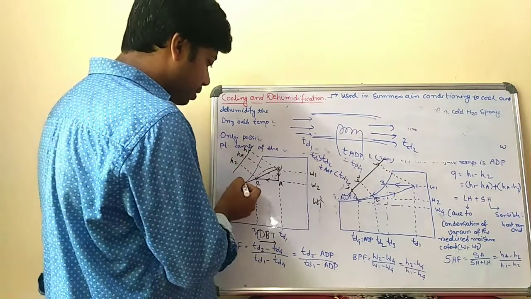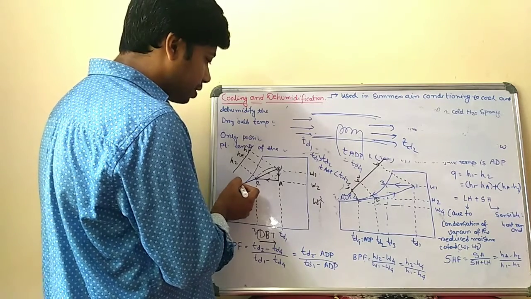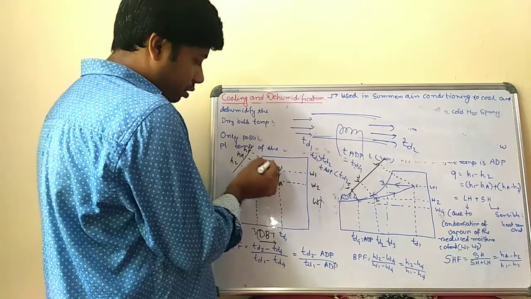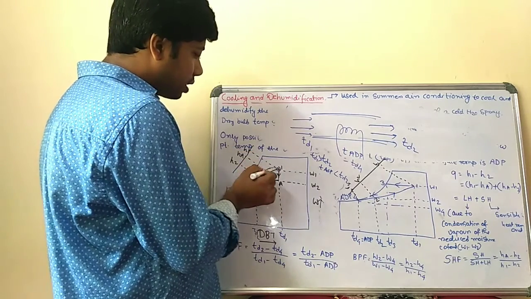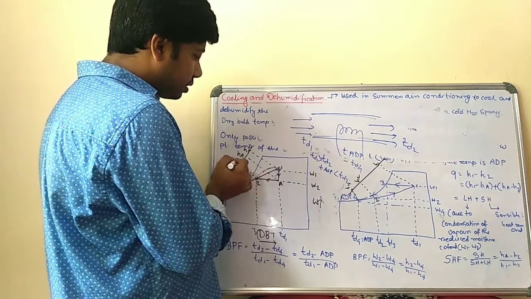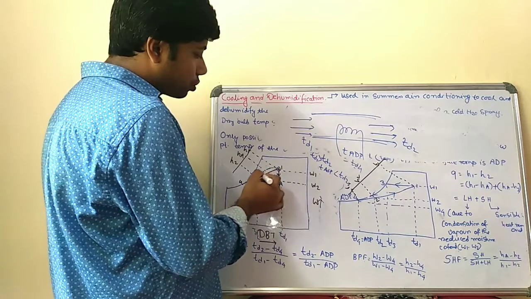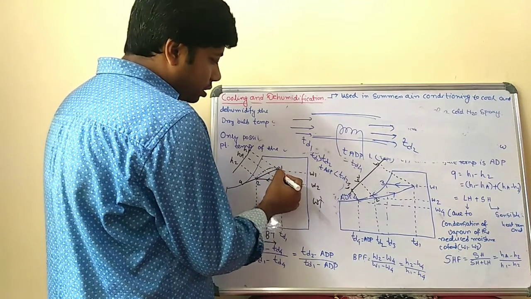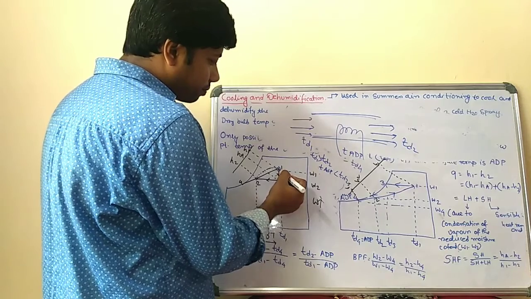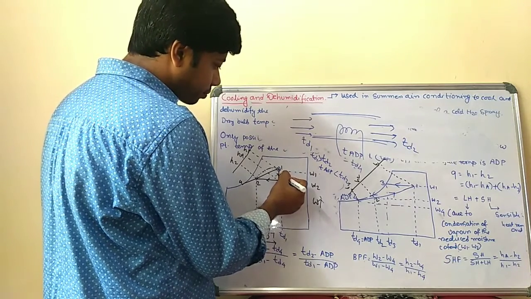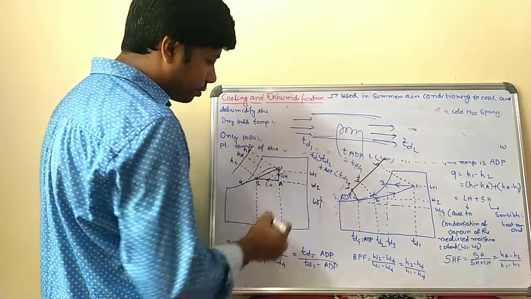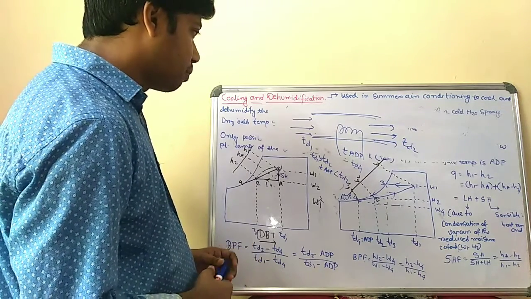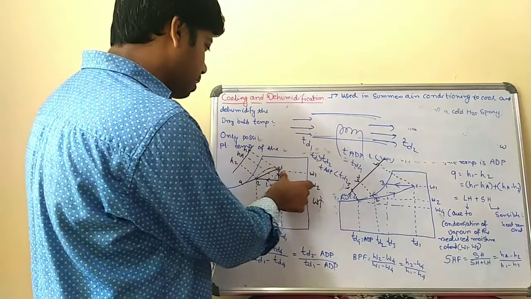If you select this temperature, TD4, this temperature corresponds to the enthalpy values: H1 here, this point is HA, this is H2. So this process is done by 1 to A and A to 2, because this is the sensible heat part and this is the latent heat part.